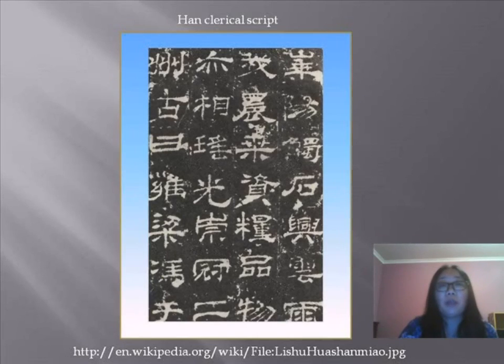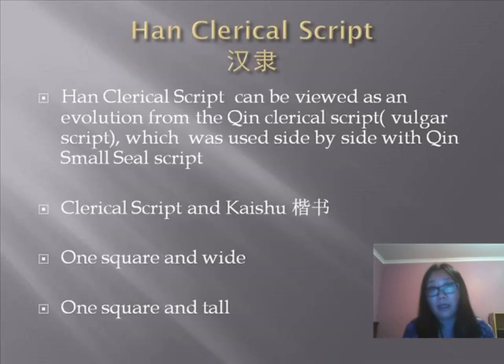It is not that much difference. That is to say that the Chinese writing system from the Han clerical script used during the Han Dynasty, around 100 BC, until today, 2000 years after, didn't experience much difference over the 2000 years.